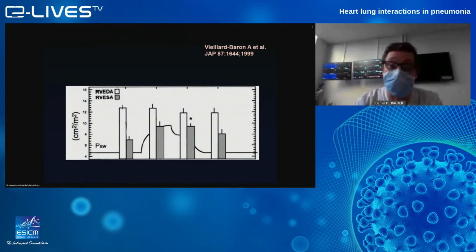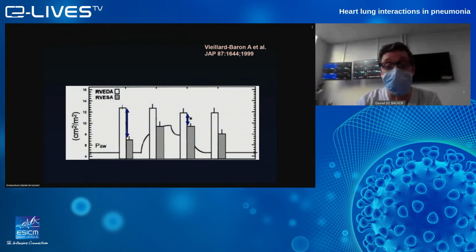And what they described is that there is a decrease in the stroke volume here. The diastolic area, the systolic area, and of course the difference here is the stroke volume. You can see that there is a huge decrease in stroke volume during inspiration.